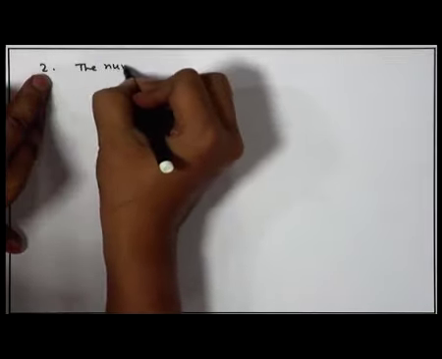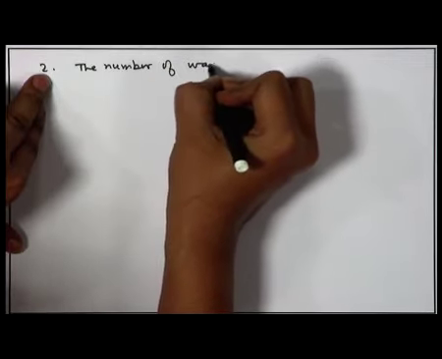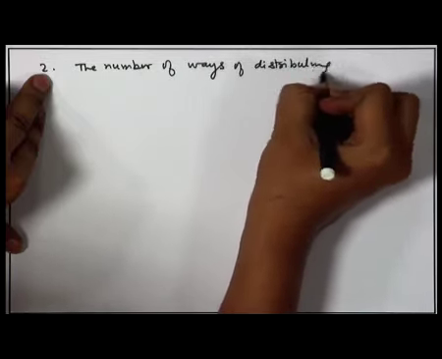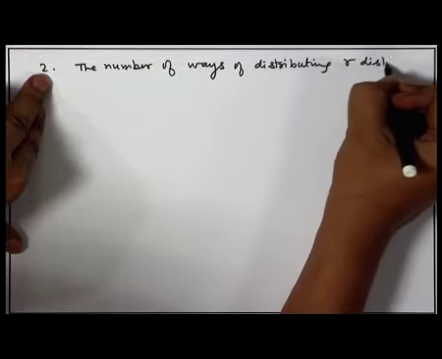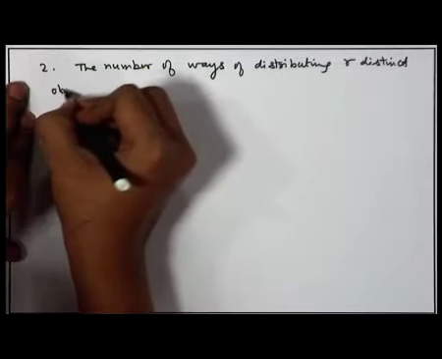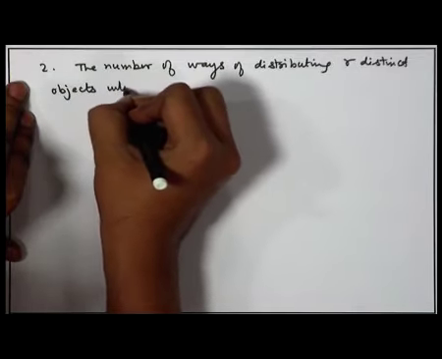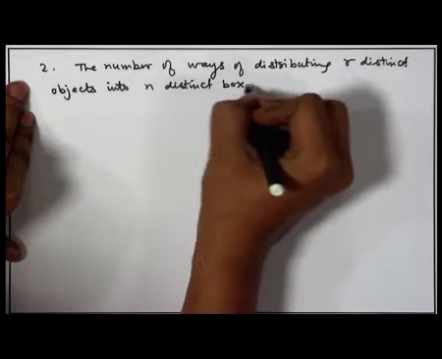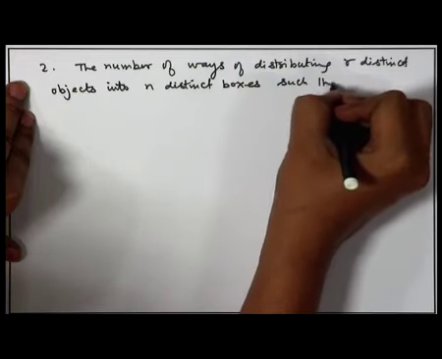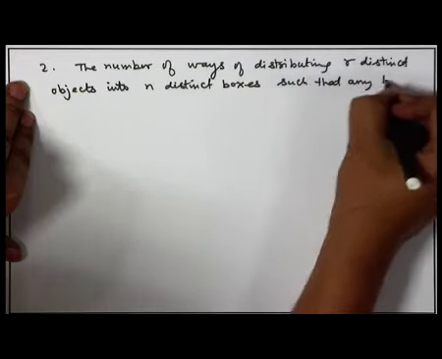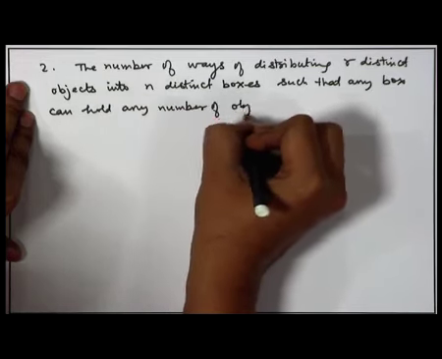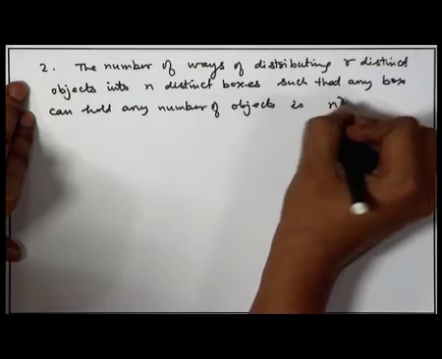The number of ways of distributing r distinct objects into n distinct boxes such that any box can hold any number of objects is n to the power r.